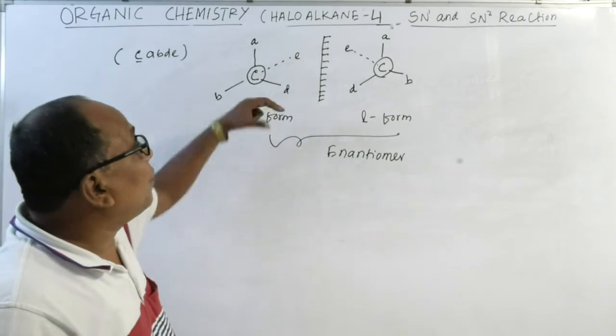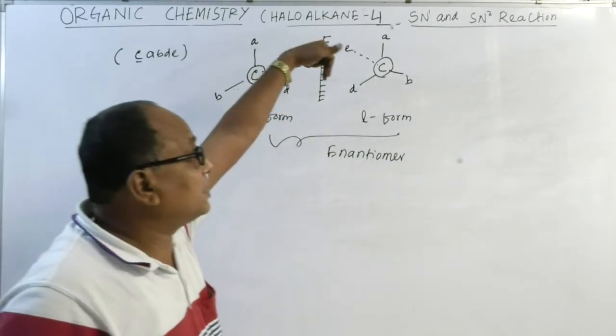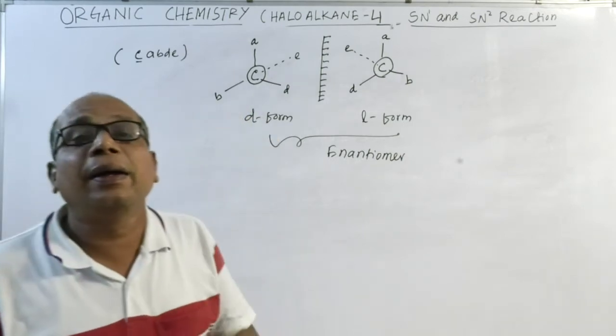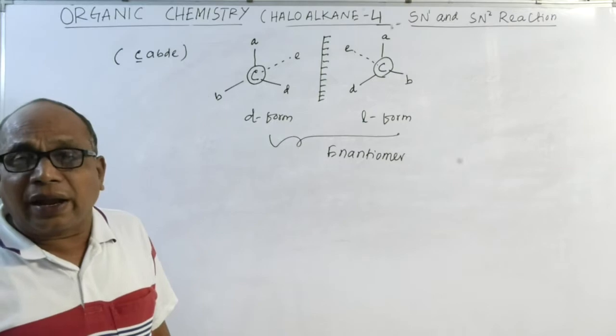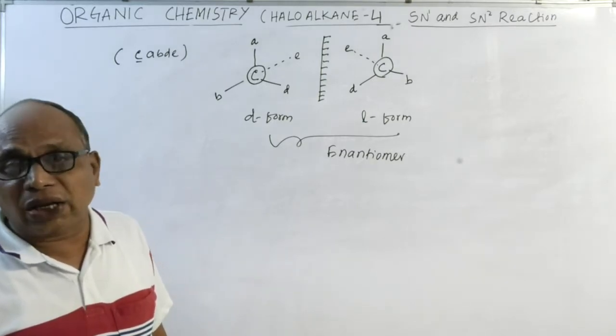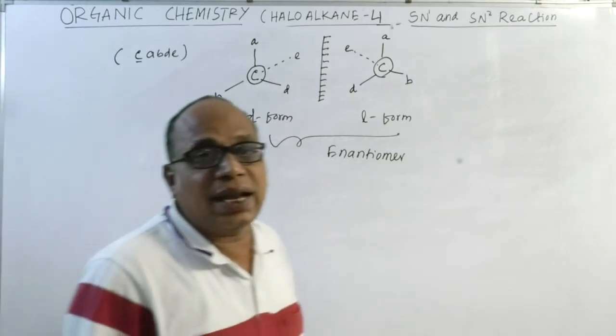Means the D form can rotate in a clockwise direction, whereas the L form rotates in which direction? Left, anti-clockwise direction. Then those pairs are known as enantiomers.